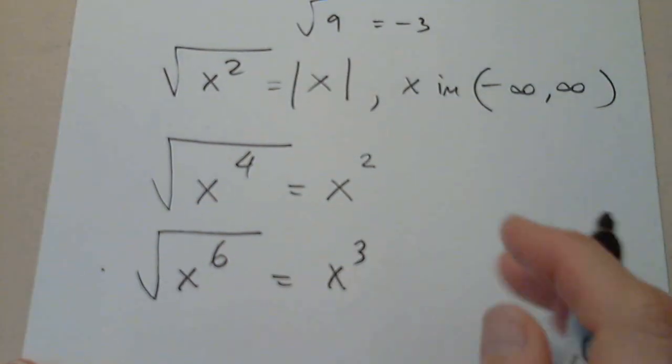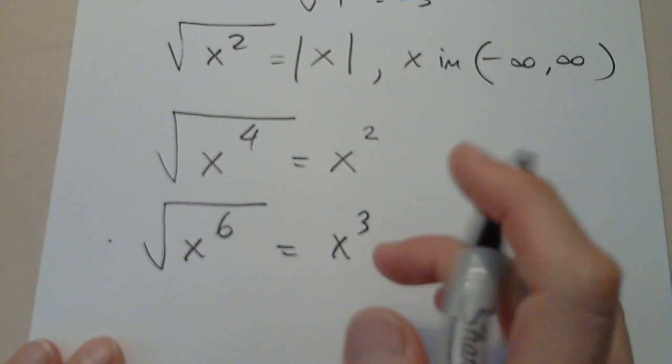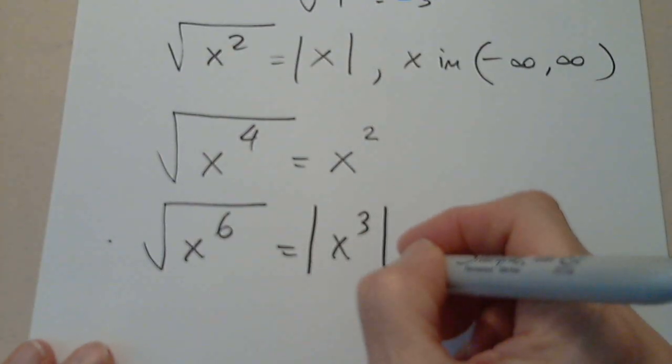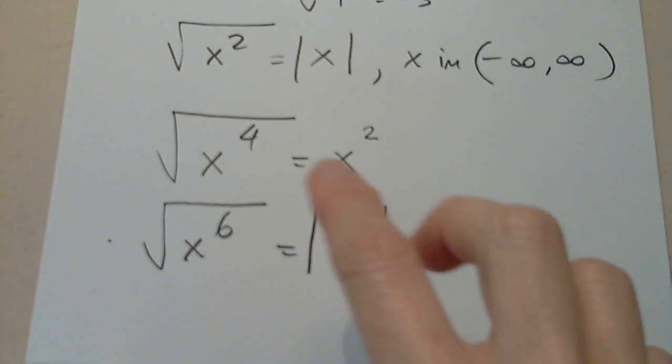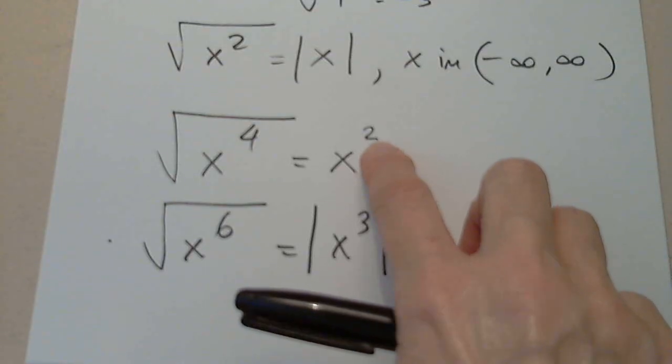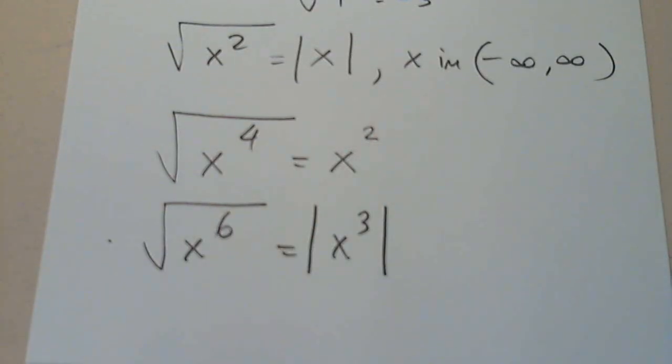This is x to the 3rd. X to the 3rd could be positive or negative, so therefore I need the absolute value on x to the 3rd. But not on x squared, not on x to the 4th, not on x to the 6th. Because the even power creates a positive number no matter what.